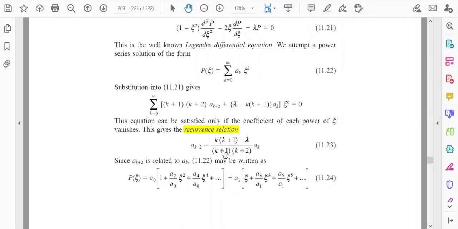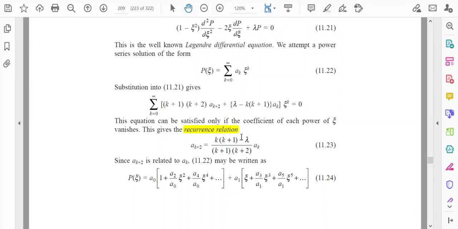So a4 can be expressed as a2, but a2 can be expressed as a0, so a4 can also be expressed as a0. Similarly, all even terms can be expressed in terms of a0, and all odd terms can be expressed in terms of a1.